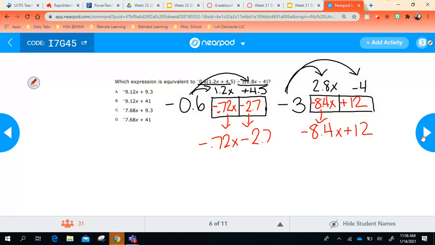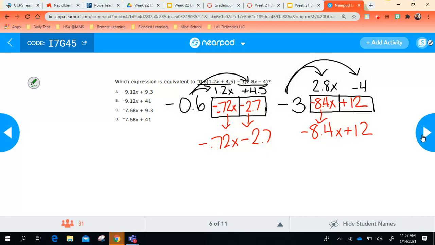But I am still not done. So I worked out my distribution and I worked out my distribution. Notice how I'm not bringing down anything that I used to work out my distribution, just the answers. So now I have to combine like terms. So remember, when you combine like terms, you're only looking for the terms that are similar.